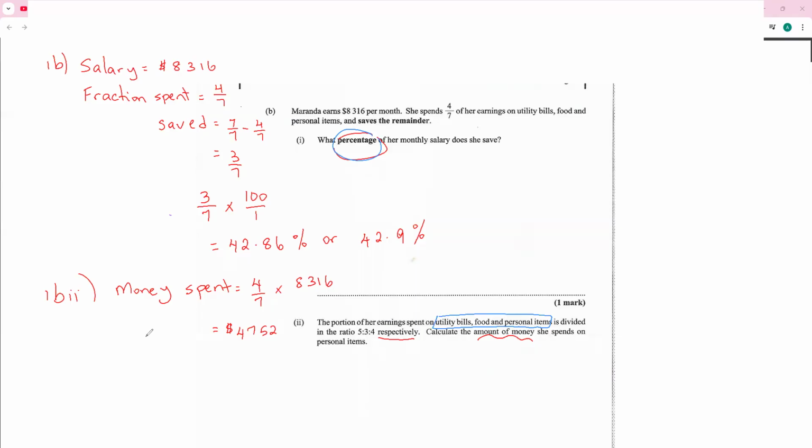So you see how they said utility bills first. Then they mention food second. Then they mention personal items third.